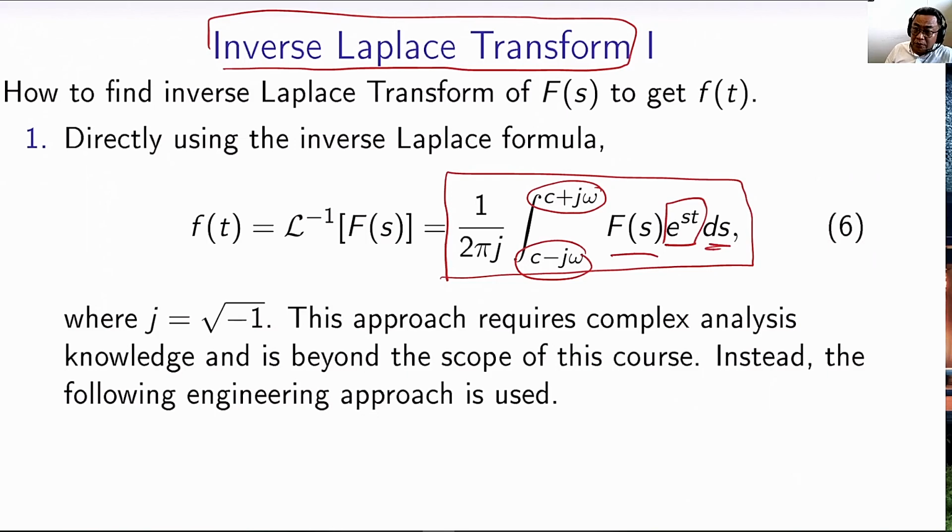Now it looks very much like the inverse Fourier transform, which is very involved, and typically you will require complex analysis knowledge to perform this inverse Laplace transform using this integration technique. It is beyond the scope of this course, and instead we're going to apply the engineering approach. Let's see now the engineering approach which we'll use.